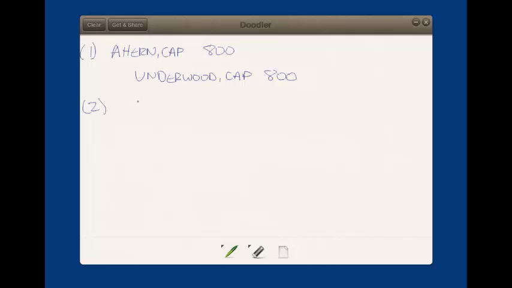We've got Bob North, and Bob's capital account is $1,300. Okay, and then we have Whitney Ahern.